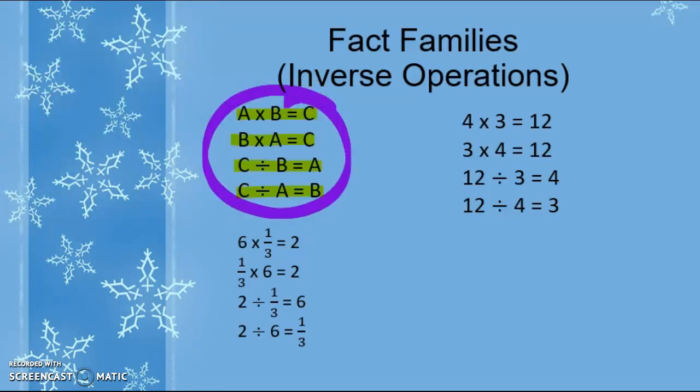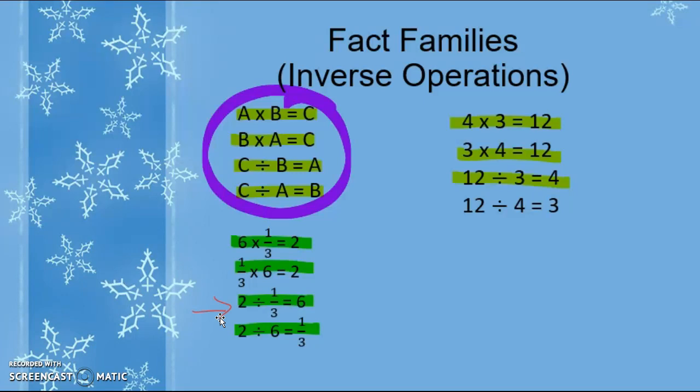Here is what you might have remembered from the past. 3 times 4 is 12, 4 times 3 is 12, 12 divided by 3 is 4, and 12 divided by 4 is 3. That is true for fractions as well. If 6 times 1/3 is 2, that means that 2 divided by 1/3 is 6.